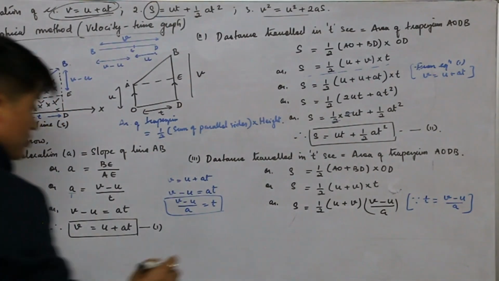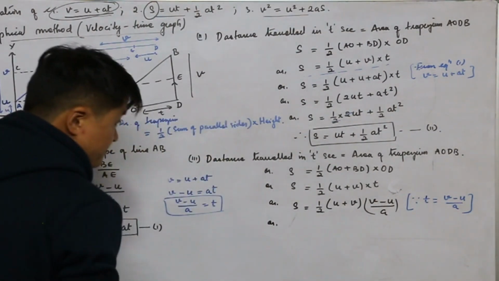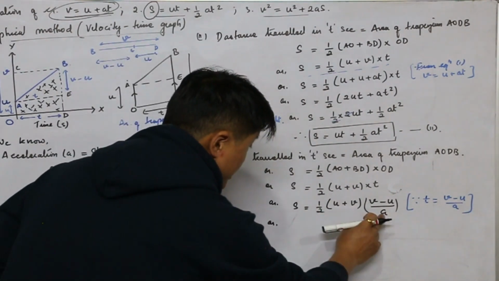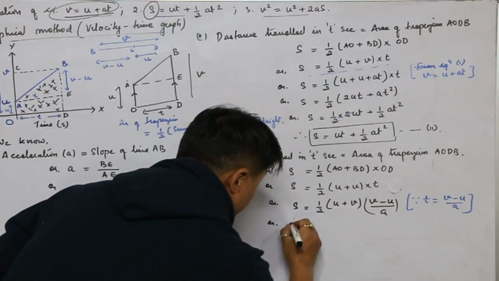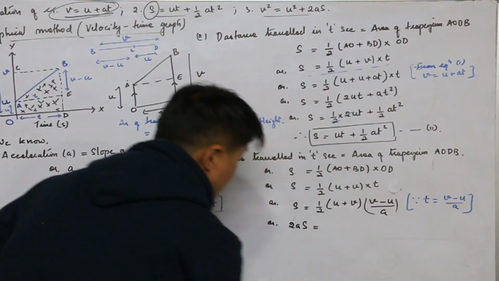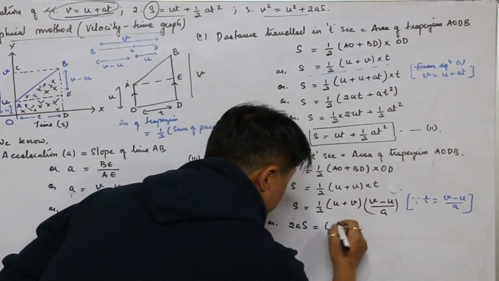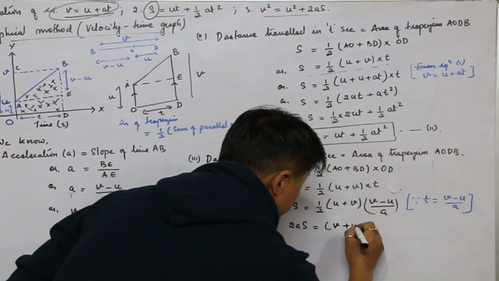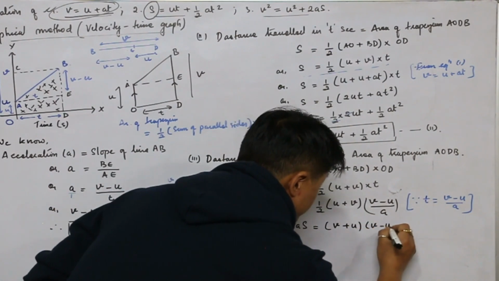Clear? Now we can write here, let's take this 2 into A, 2A into S, 2AS is equal to (V plus U) into (V minus U).